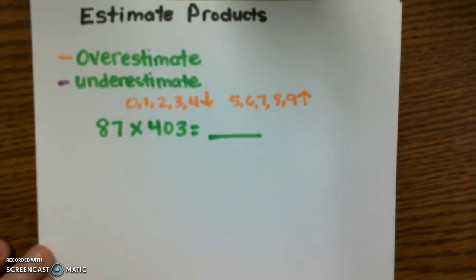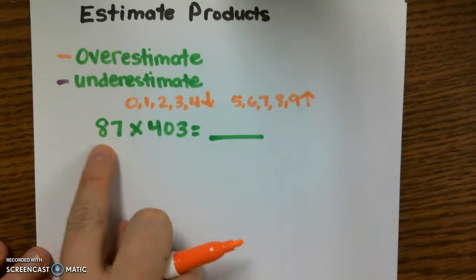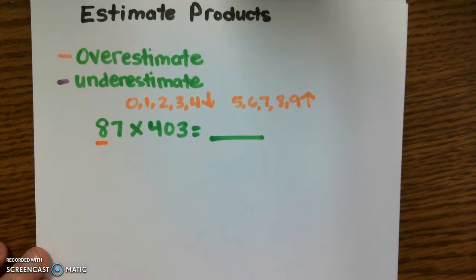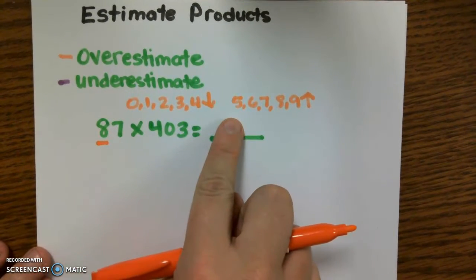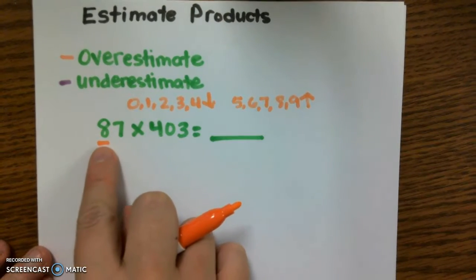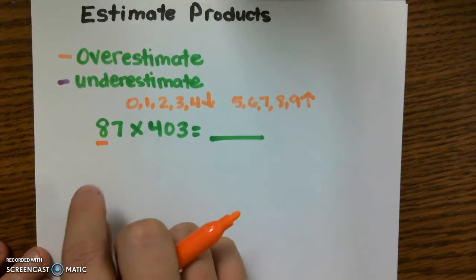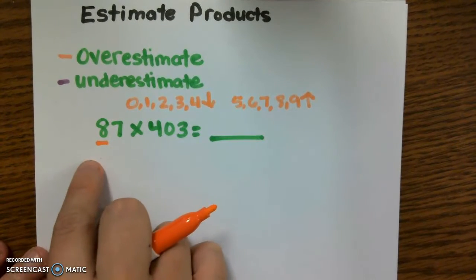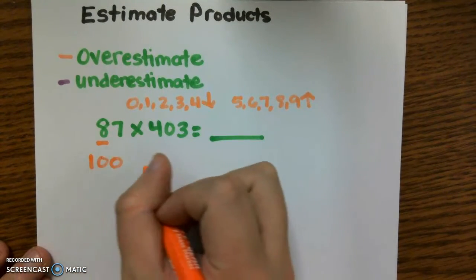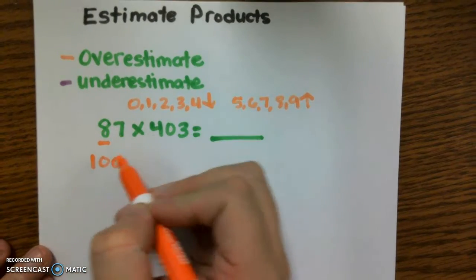We move up that number. Okay, so I'm looking at 87, and I see that I'm looking at the tens place, and I see that 8 is greater than 5, or greater than 4. So I'm going to go ahead and make this 8, I'm saying it's closer to 100. It's not close to 50, it's closer to 100. So I'm going to say 100.